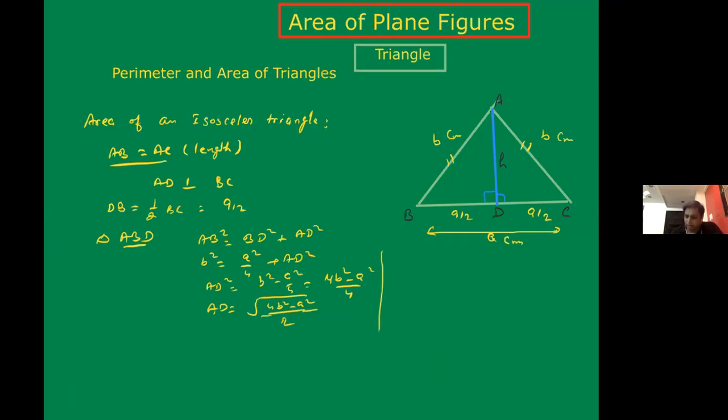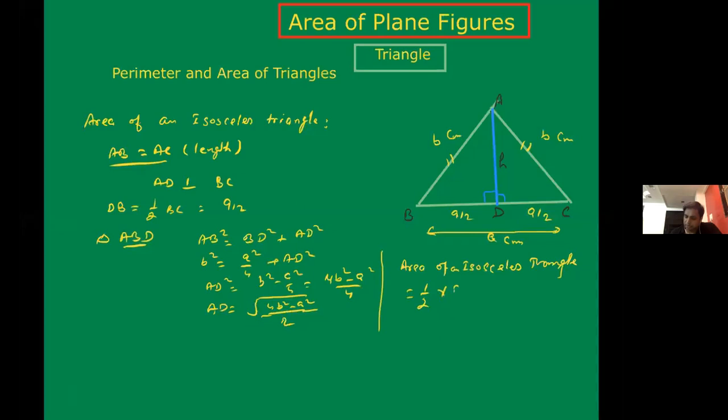Now we can write the area of an isosceles triangle equal to 1/2 base into height. Base is BC, into height AD.